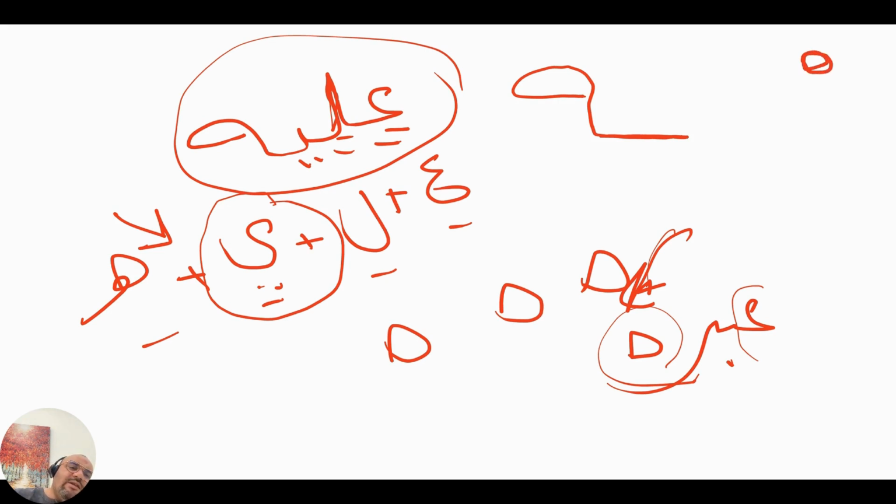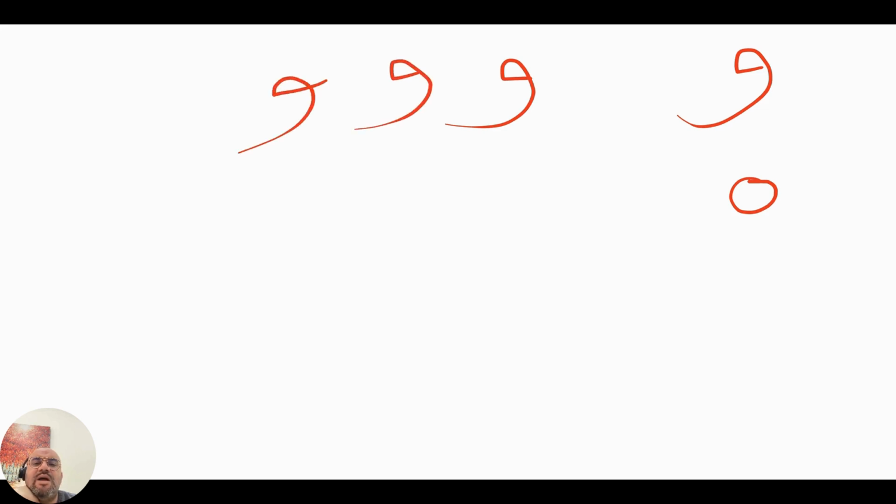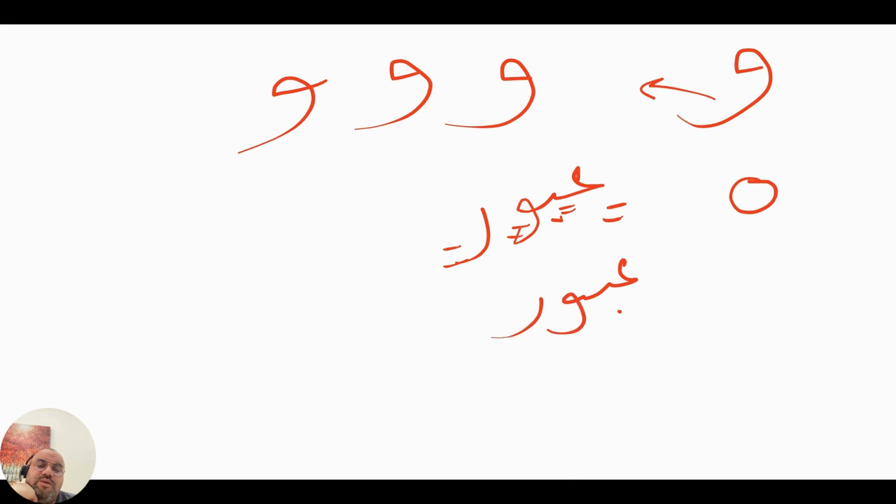Now, this circle here comes as the last letter. If we connect it to the other body of the R, it will be wah. So we have this following letter, which is wah, similar in pronunciation to O but with a slightly lower pitch of sound. Wah, similar to R, cannot be connected to the letter after. So when we write, for example, عبور, ع, ب, و, R, in this way, okay?